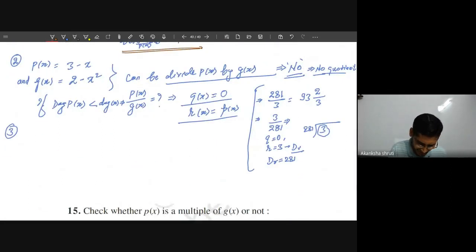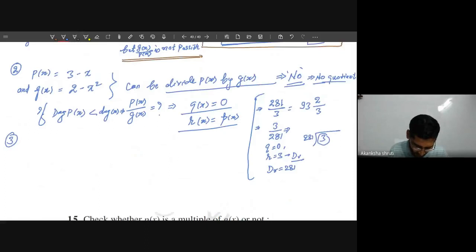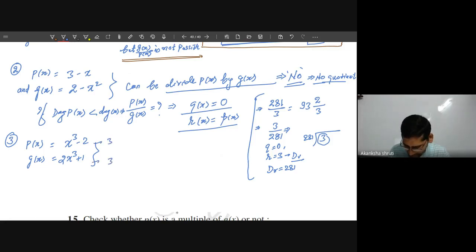So in the third case, I am going to take an equal one. So if our px is, say, x cube minus 2 and gx is x cube, or say 2x cube plus 1. In this case, degree of px is same as degree of gx. Here it is also 3, here it is also 3.